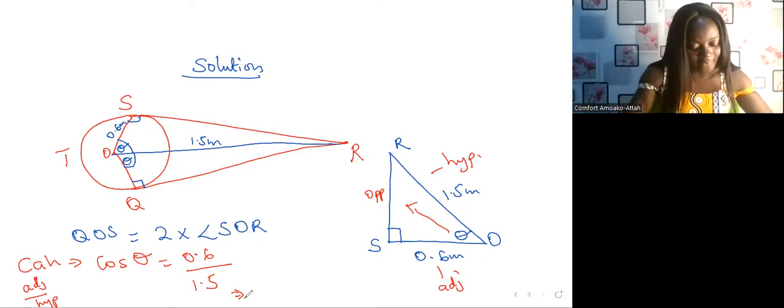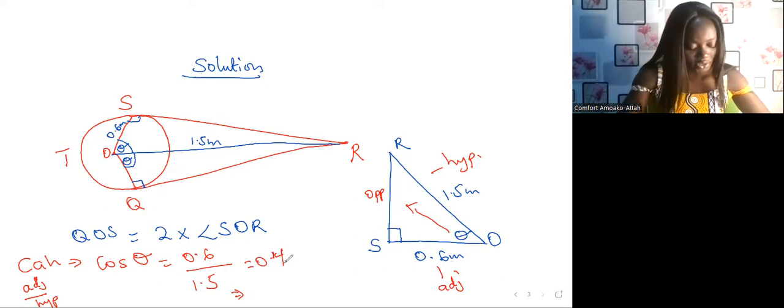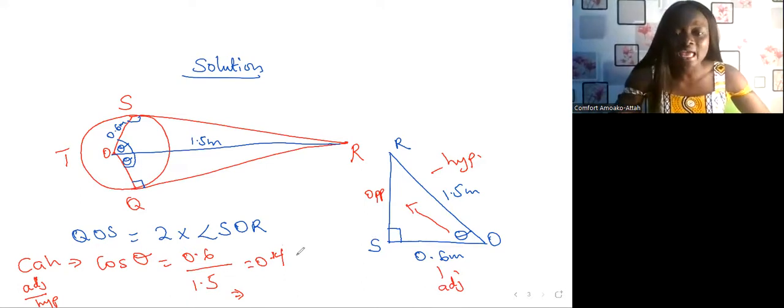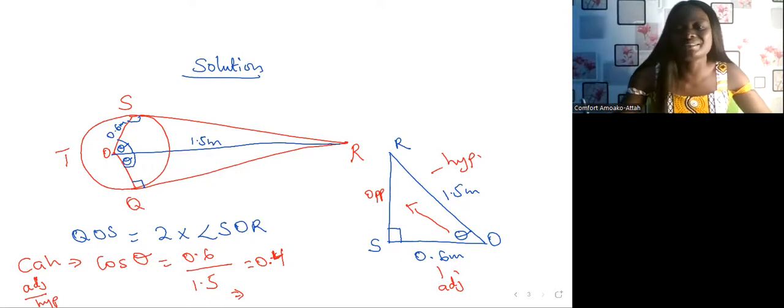Okay, so I am having 0.4. So cos theta is equal to 0.4. We want theta, that is the angle, not cos theta. So I believe you remember that one too. Trig inverse. Good.